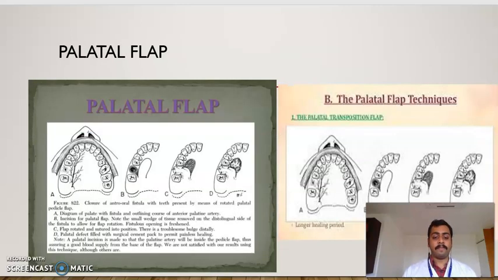Now look at the palatal flap technique. In this procedure, the oroantral communication can also be closed with the help of the palatal flap. You can see the incision is placed along the palatal region where the greater palatine vessels are transmitting. A small pedicle of the flap is then incised and sutured over the oroantral communication.